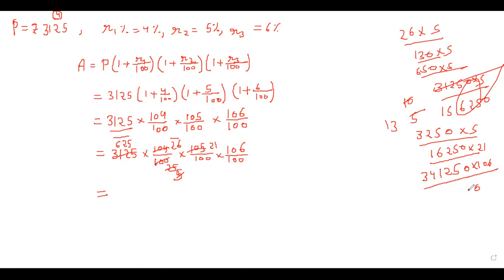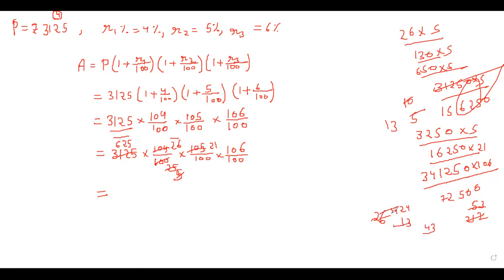106 5s are 530. 106 2s are 212, so 265, 5, carry 26. 106 ones are 106 plus 26, 132. Carry 13. 106 fours are 424, 437.